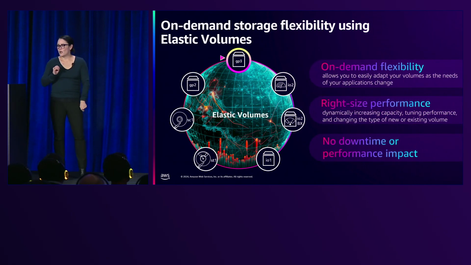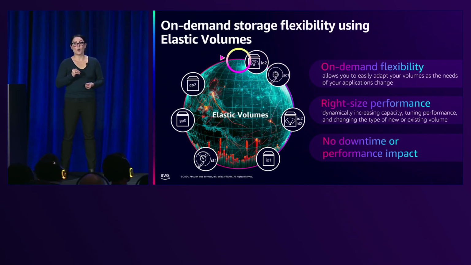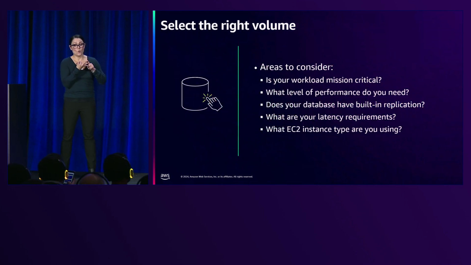One thing that I'll talk about at various points in the presentation is storage flexibility using Elastic Volumes. Our Elastic Volumes feature allows you to dynamically change volume type, increase size, and change IOPS or throughput performance levels of your EBS volume without application downtime or impact.